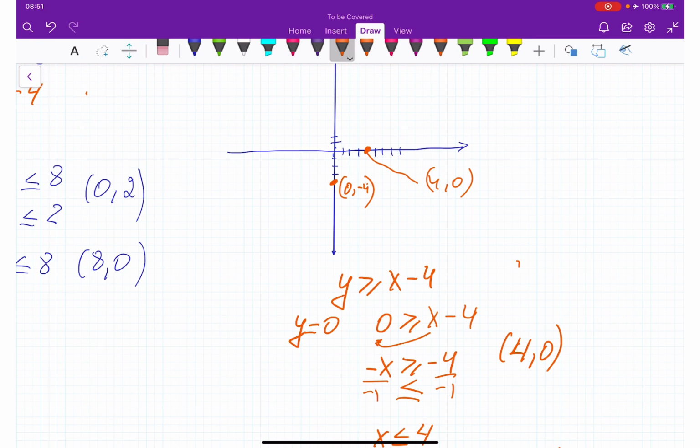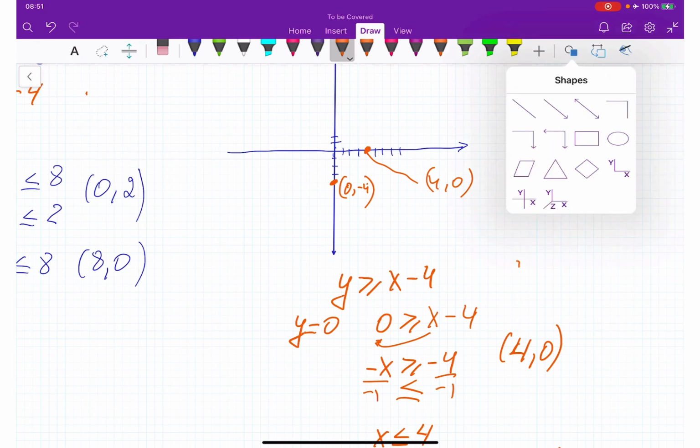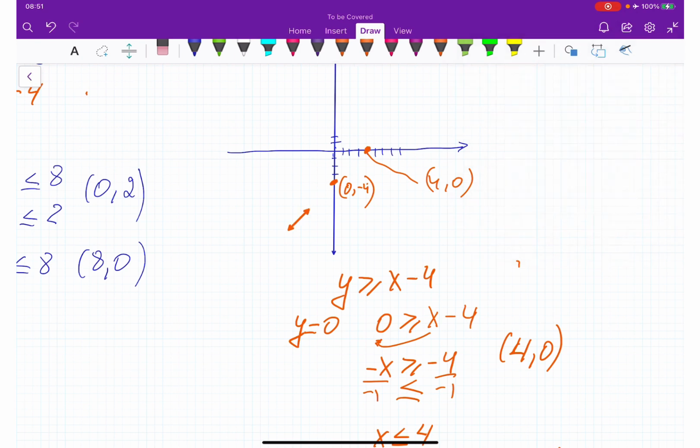So the graph is going to go like this. Okay. And it's going to be a solid line because we have an equal sign.